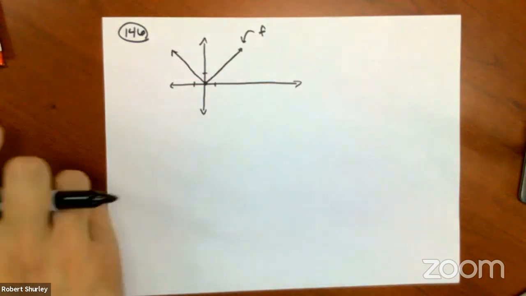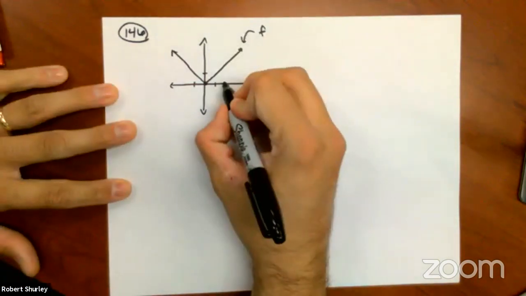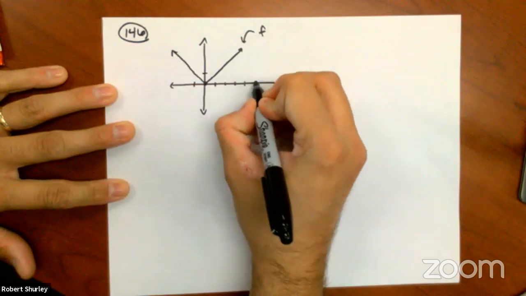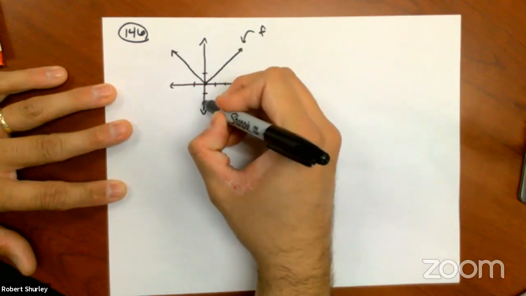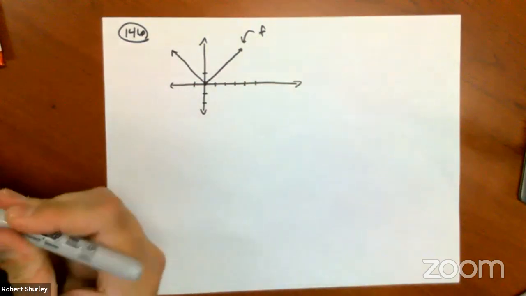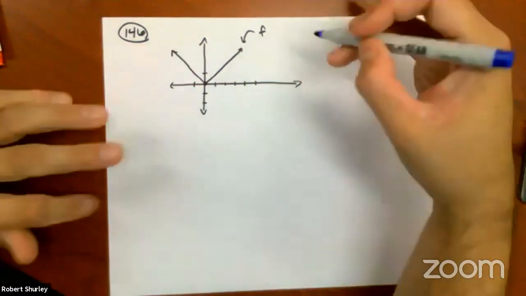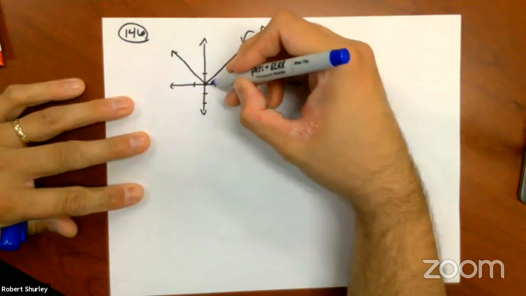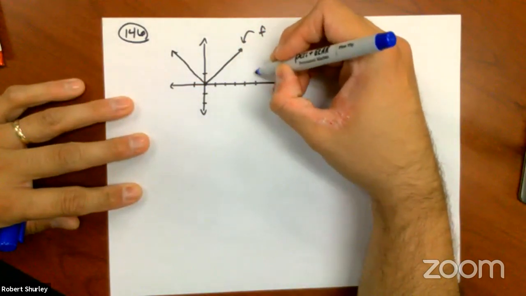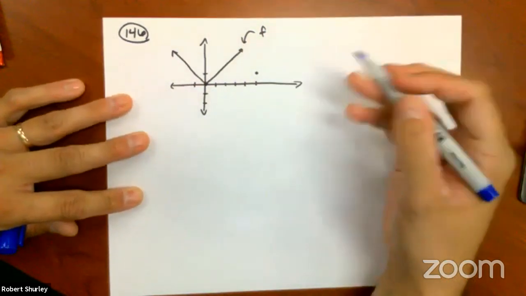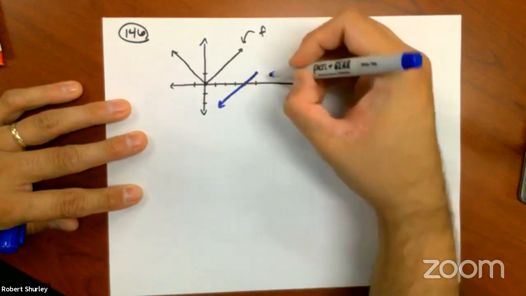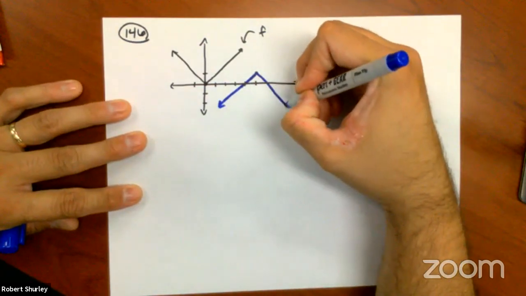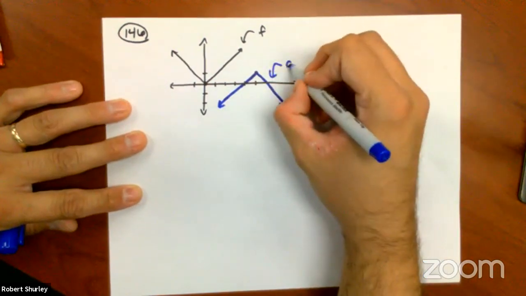Now the g function, which I'll put in blue here, is over 5, 1, 2, 3, 4, 5, and then up 1. And then it's flipped around. So here's our g function.